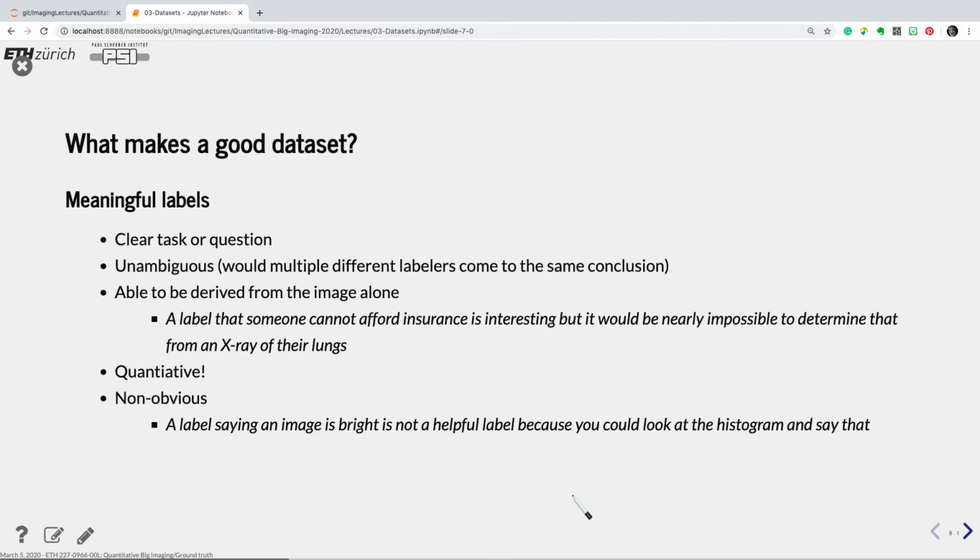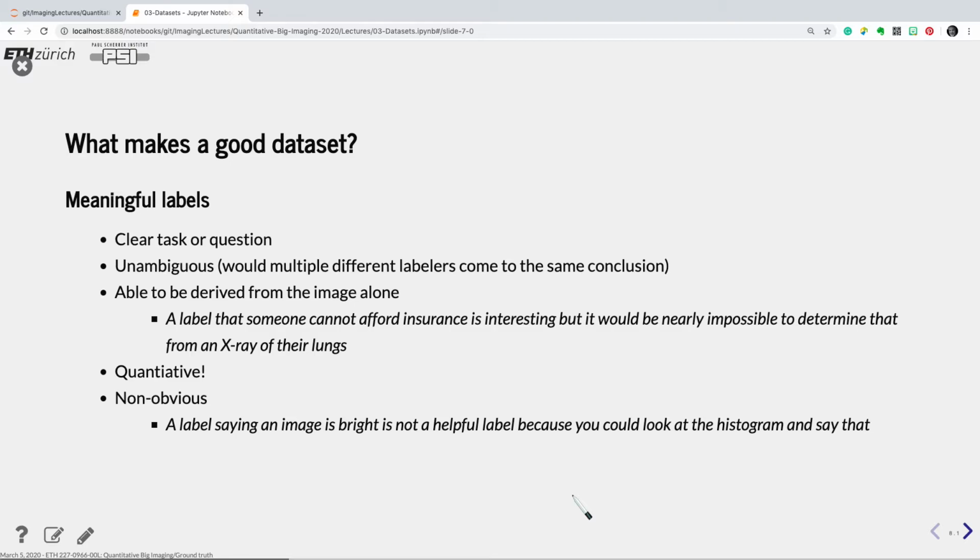Then, of course, you need meaningful labels. To start with, you need a good, clear task or a good question to set these labels. You can, of course, put labels on some data, but it's not helping you if it's not in the direction of the task of the learning.